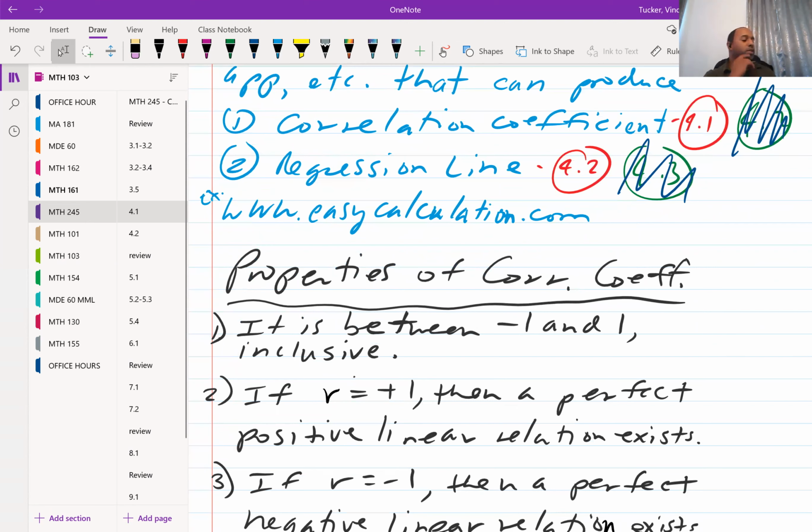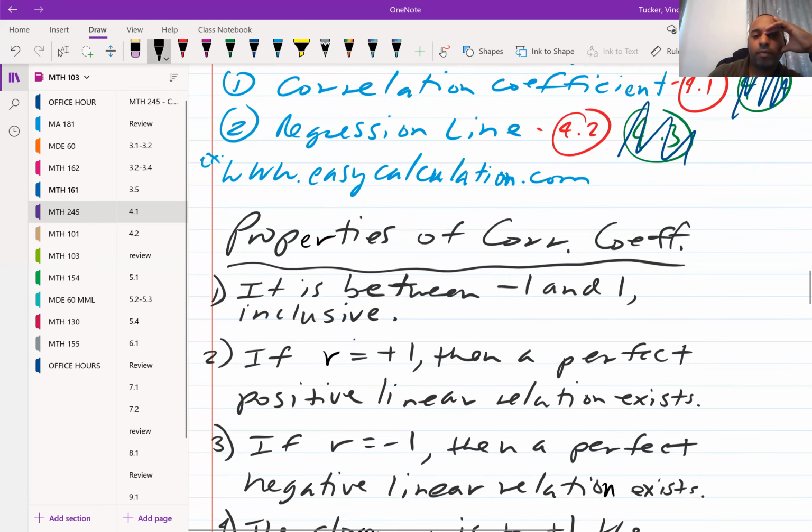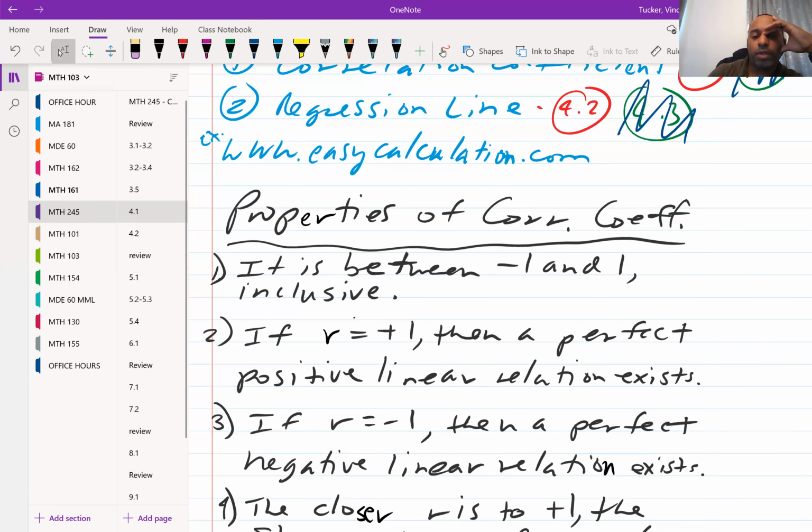All right, so let's look at a few properties of the correlation coefficient. So it is between -1 and 1 inclusive. If R is equal to +1, then a perfect positive linear relation exists. If R is equal to -1, then a perfect negative linear relation exists.